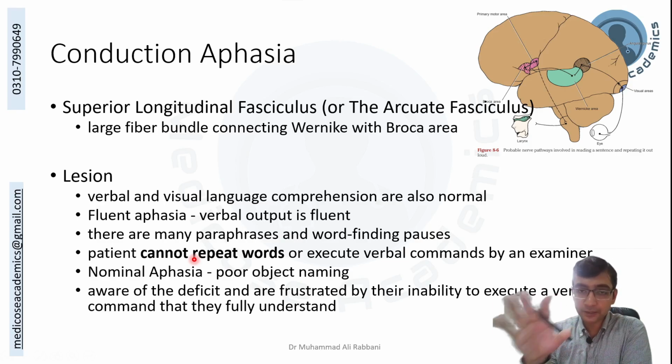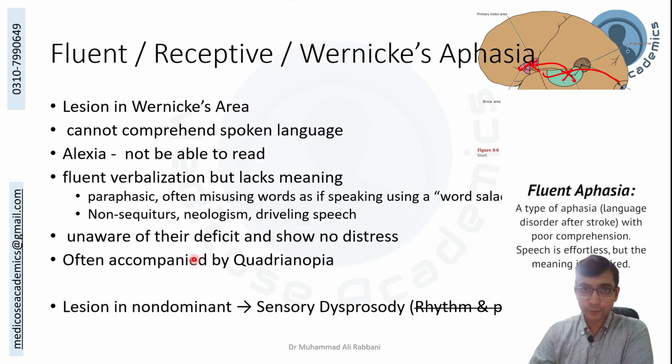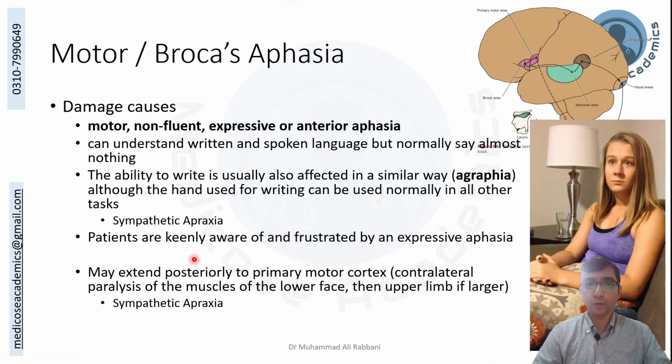Here, these are the three major items, and you should be able to discern between them. In motor aphasia, the person will completely understand the written language and the heard language, but in terms of expressing it, there will be non-fluency, though it will make sense.